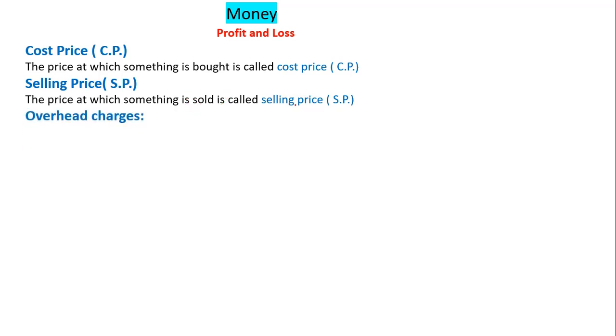Next is overhead charges. We'll consider this one as part of the cost price. Overhead charges means the expenses of operating the business. Say the person wants to sell a pen for 1 rupee, but to run the business he will add 1 rupee extra.